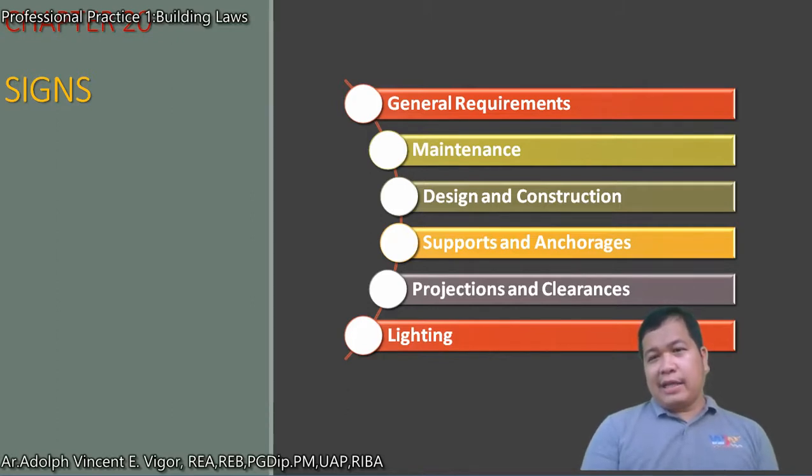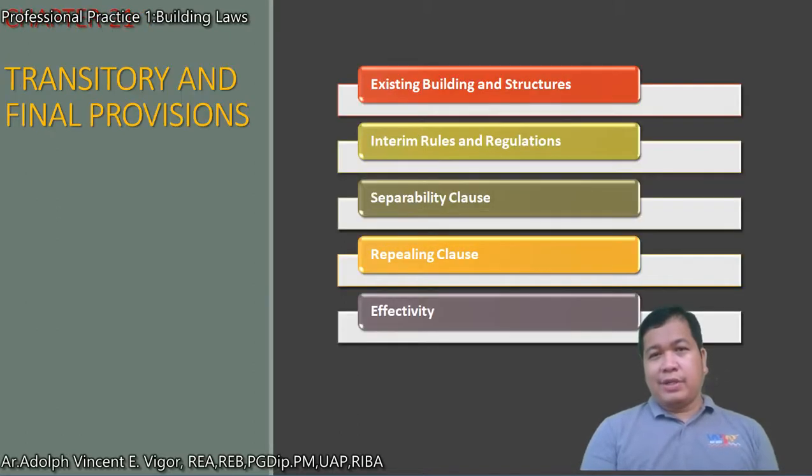So when you say signs, class, these are what you see at the billboards, the advertisements. So there's also a standard for this one stated in the National Building Code. Okay, then you have the transitory and final provisions, existing buildings and structures, interim rules and regulations, separability clause, repealing clause, and effectivity.